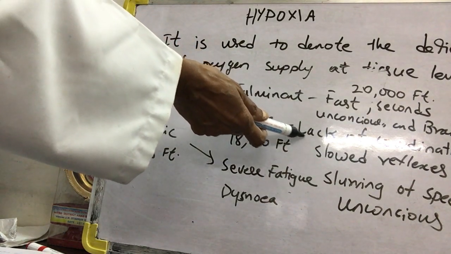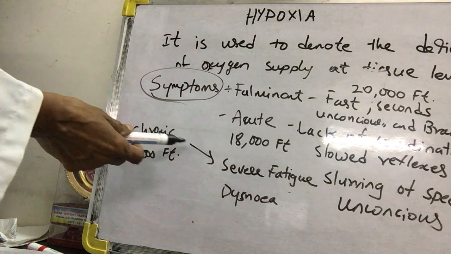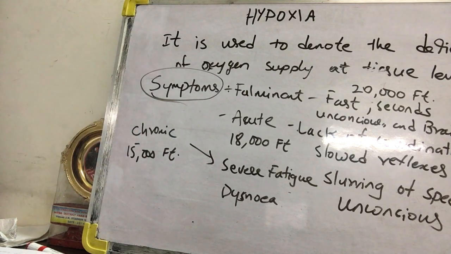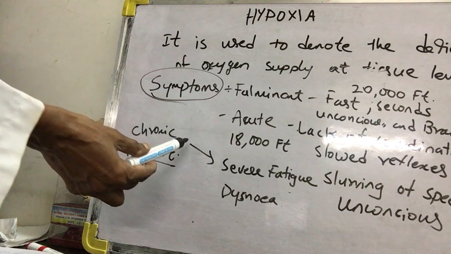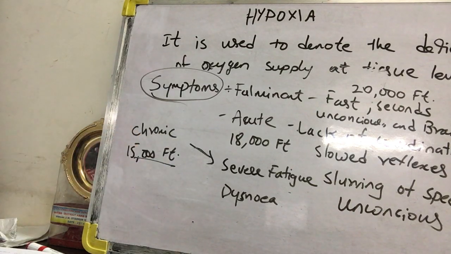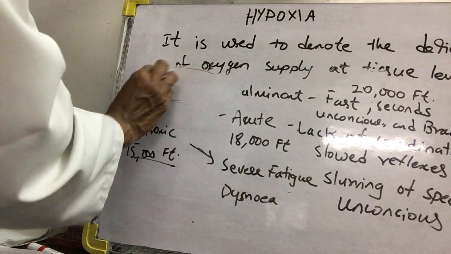There is lack of coordination, slowed reflexes and slurring of speech, and then the patient may fall unconscious. Then chronic symptoms occur at an altitude of 15,000 feet, and here the symptoms are severe fatigue and dyspnea. So these are the symptoms of hypoxia.